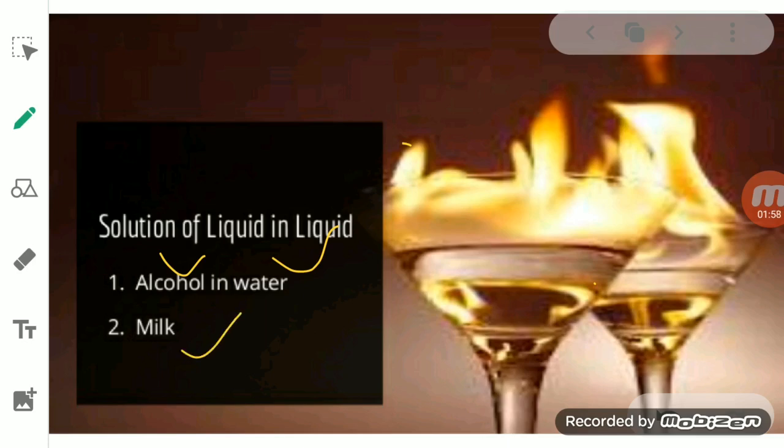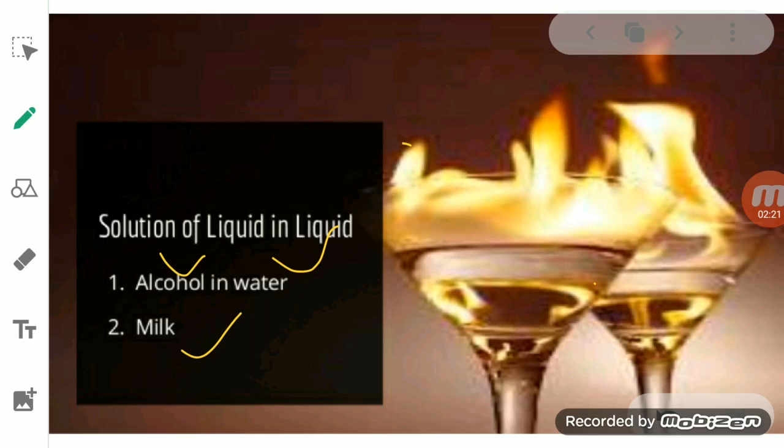Now milk. So you see here milk, what is it consisting of? If we mix the milk in the water, milk is a liquid and water is also a liquid. So if we add that milk in the water, we are not able to distinguish the boundary between these two substances.